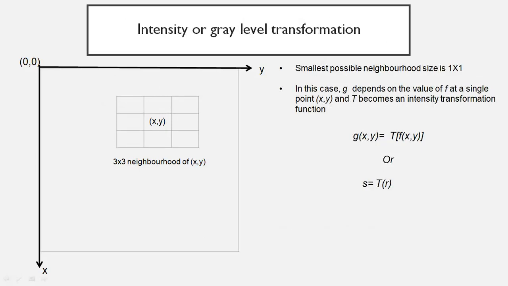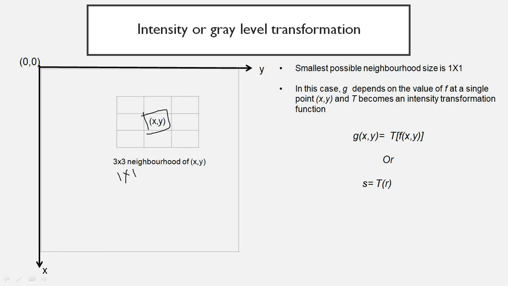Now, the smallest possible size of this neighborhood could be 1 cross 1. A 1 cross 1 neighborhood means we are just talking about this pixel itself. This pixel is its own neighbor, so we are just concerned about this pixel value.